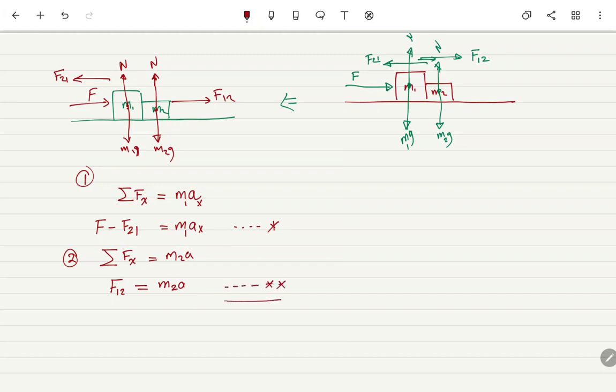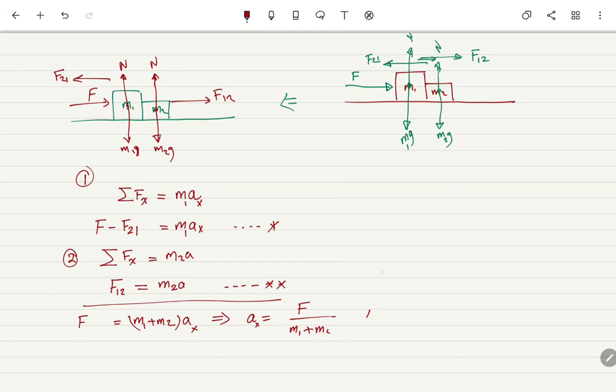If we add both equations, and remember F12 equals F21, same magnitude, different directions, we get F equals m1 plus m2 multiplied by a, or in other words, a equals F divided by m1 plus m2.